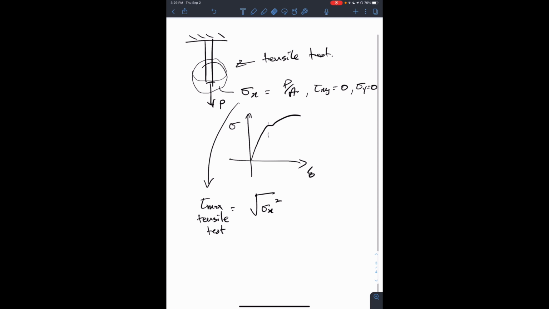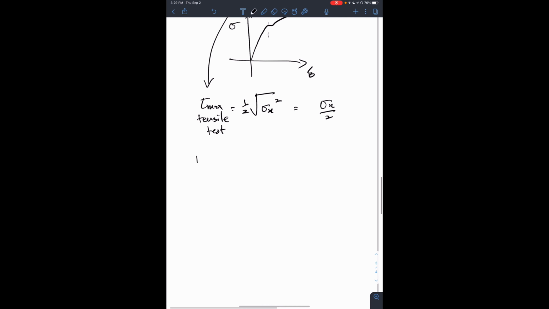There's a half in front, which is really sigma x on 2. So in a tensile test, the tau at the yield point is really sigma yield point on 2.